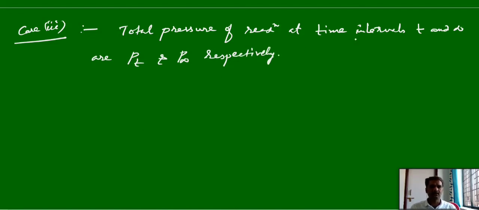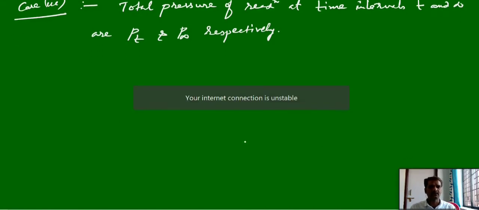Here we have the data: at a time t, what is the total pressure of the reaction, and at infinity time, what is the total pressure of the reaction. Now again you have to write the integrated rate equation here. Now again, A gives rise to B plus C.